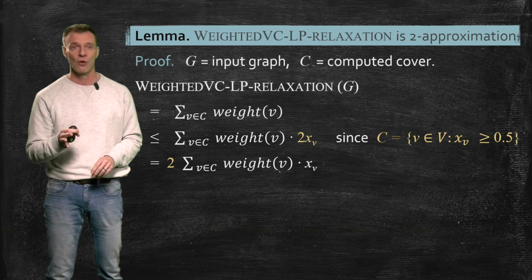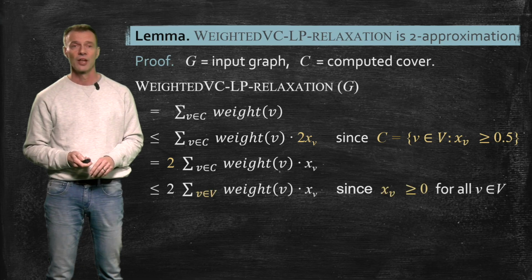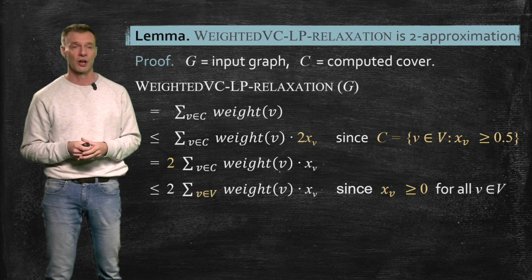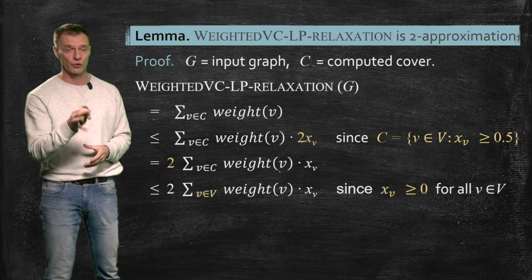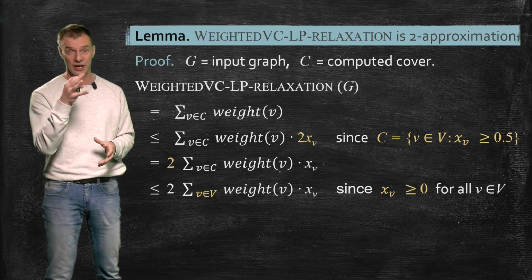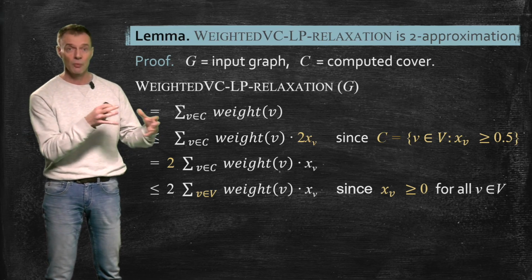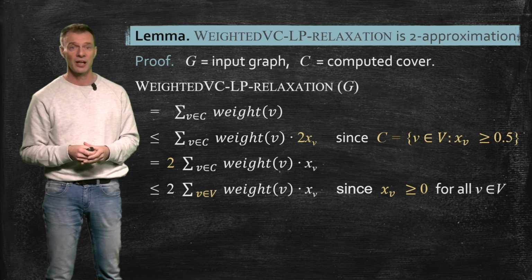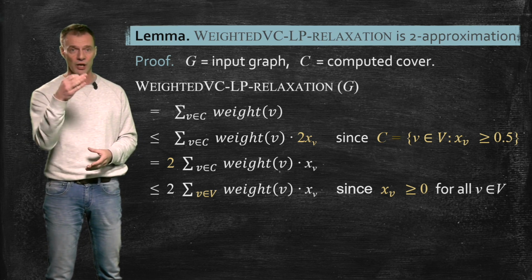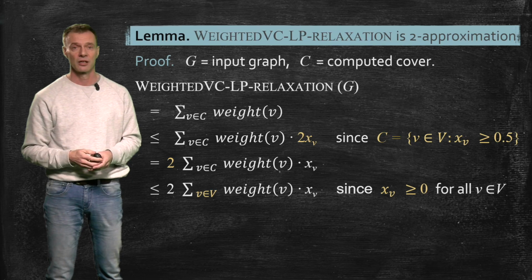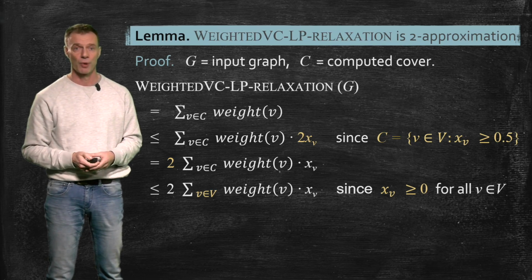Okay, so now we can simply put the 2 in front. And then the next step is, instead of summing only over the vertices in the cover, we're going to sum over all the vertices. Okay? And because these xv values are at least 0, the extra components that I add, the extra weights times this xv, are all positive. So by summing over V instead of over C, I can use that as an upper bound.